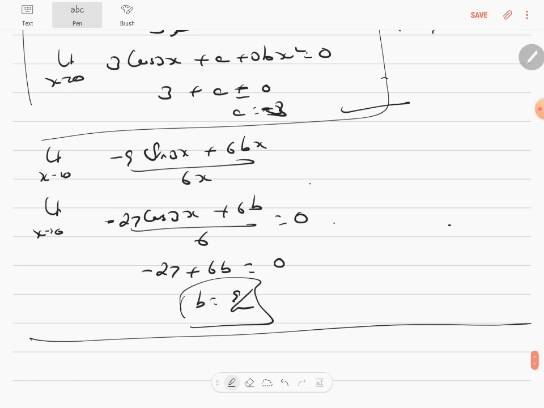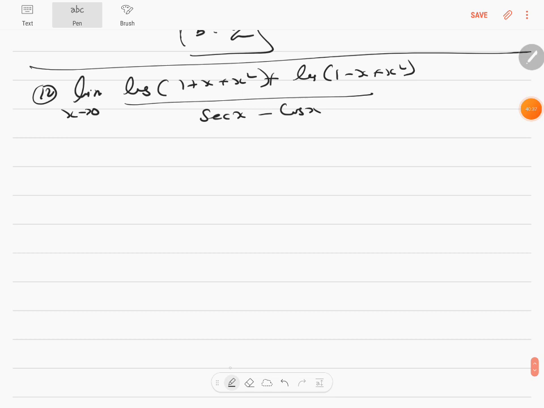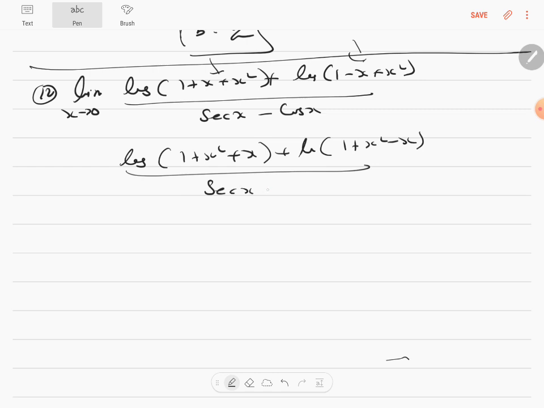Okay, let's go to the next question. Oh my god, such a beautiful sum. You have to rearrange this. So you can write log of 1 plus x square plus x plus log of 1 plus x square minus x, divided by secant x minus cos x.